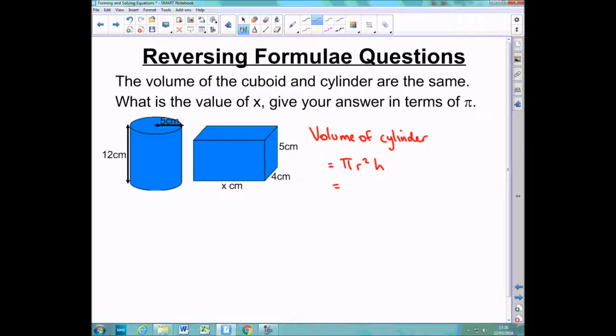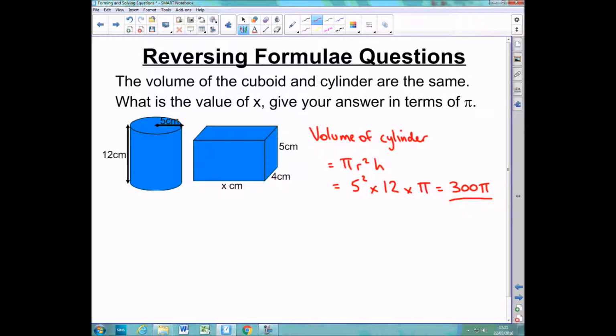Now, r in this case is 5, so I'm going to have 5 squared, multiply it by h, which is the height, which is 12. That's going to be multiplied by pi. Now, I want to give my answer in terms of pi, so I need to do 5 squared, which is 25, times 12, which is 300 pi.